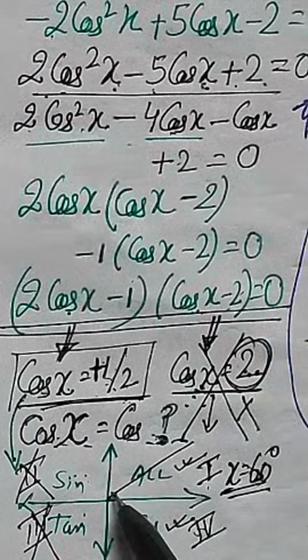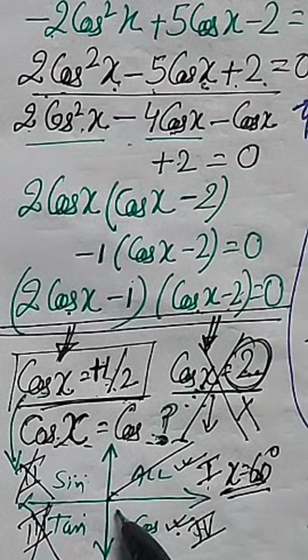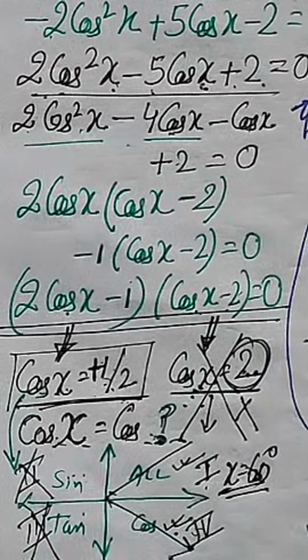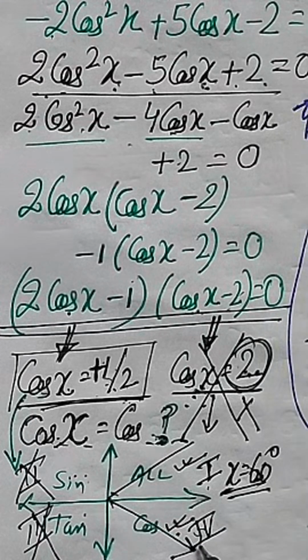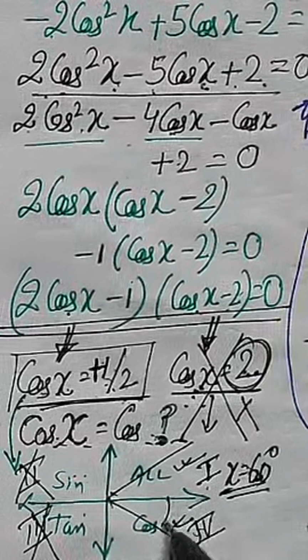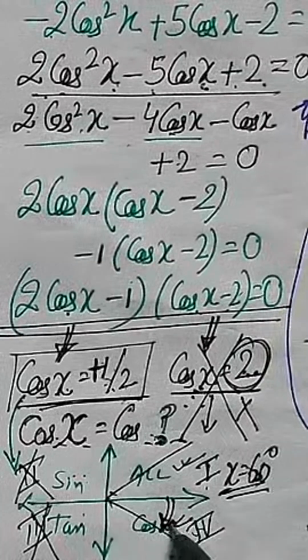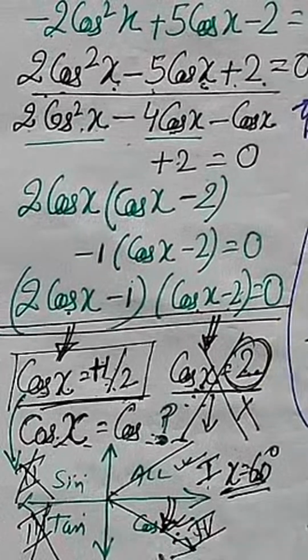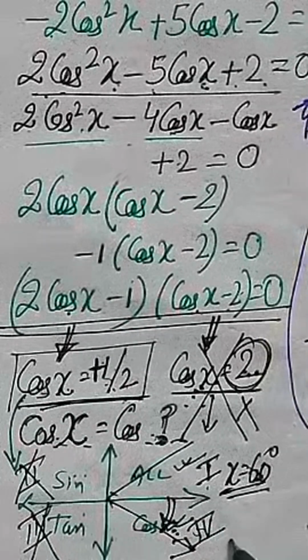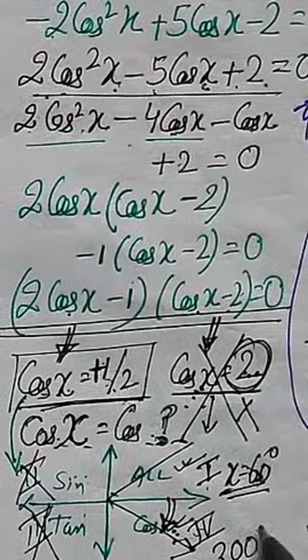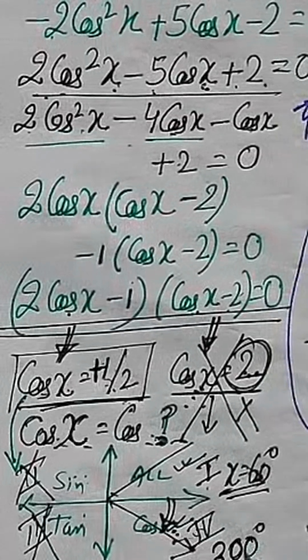And it will happen again here after how much? Tell me. This will be at this point, and this point is how much? Only at 300 degree. How I have derived it, let me show you.